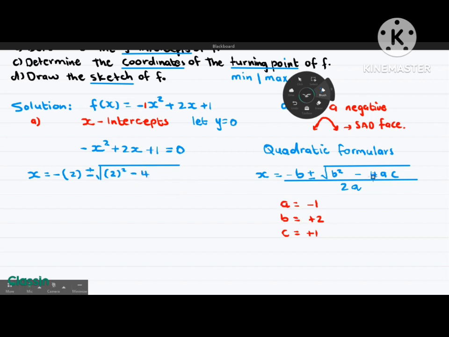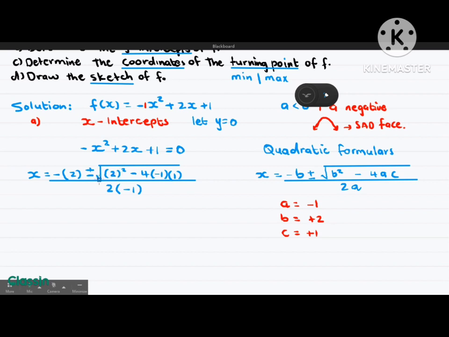How much is the value of a? We said a is -1. Then you put -1 inside the bracket. And again, how much is your c? Your c is +1. Then you put your +1. Everything that we have here is divided by 2 into -1.